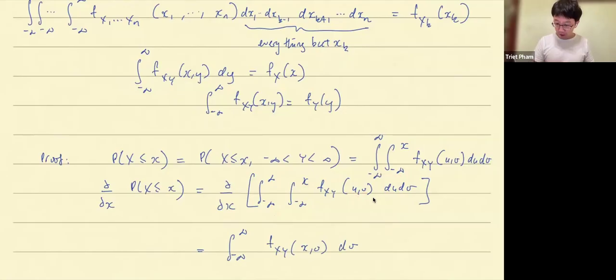And you can verify that is exactly the marginal density, but instead of using y as the integrating variable, I use v. It's the same thing. Do we understand? Any question?